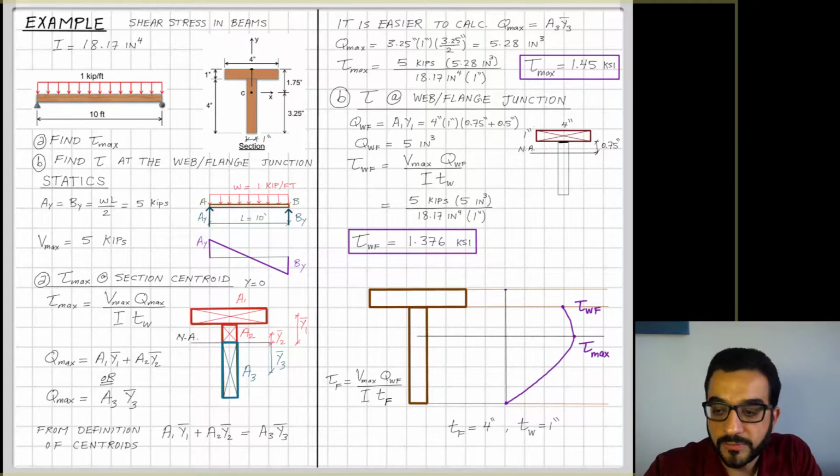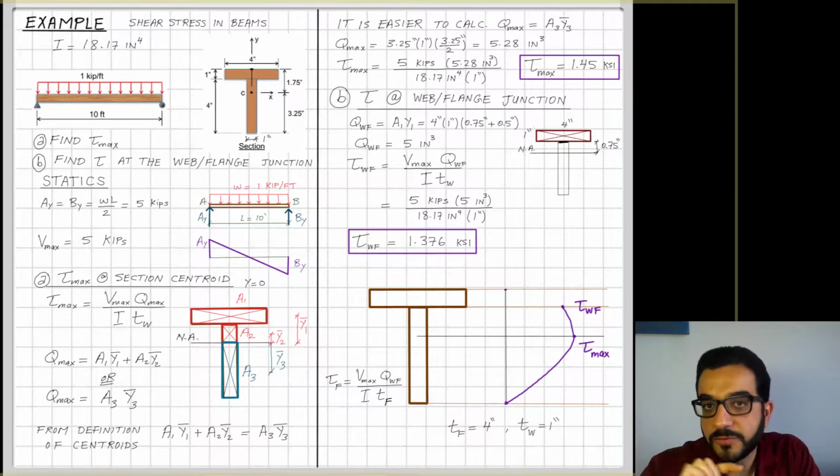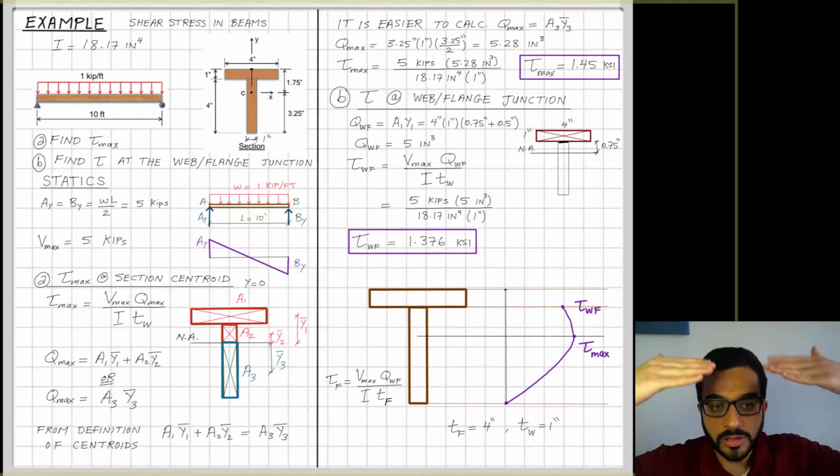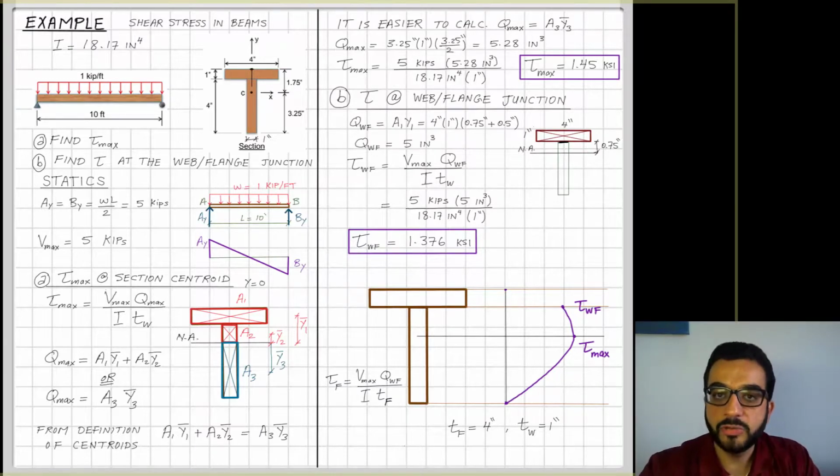Now it's the same formula, V max Q WF, because that little distance didn't make a difference in Q or the area of that Q. But now the difference is I'm slicing in that flange, and the width of the slicing, or t dimension, that thickness that I'm cutting through, is now equal to tF, and tF is the width of the flange.